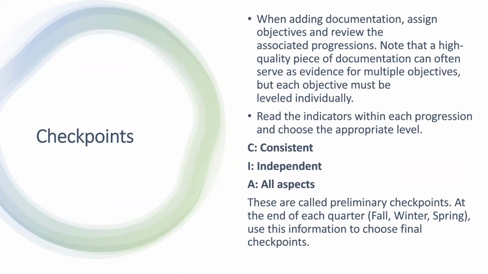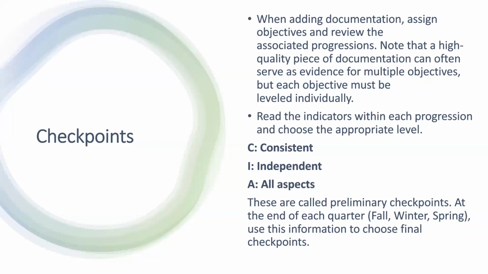First, read the indicators within each progression, and then choose the appropriate level for each child. Ask yourself when you read the indicator, does this child do this consistently, independently, and do they do all aspects of the indicator?